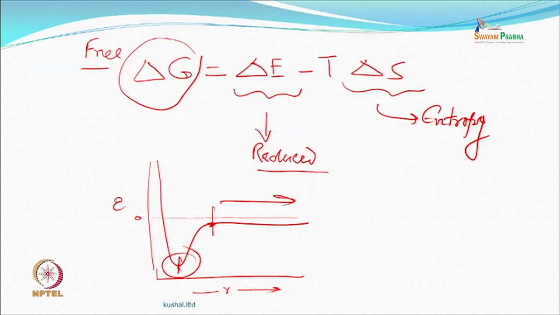So, this is what I was talking about, free energy, which is known as G, or change in the free energy. This delta G should be negative for anything to become stable, all right. And how can it become negative?